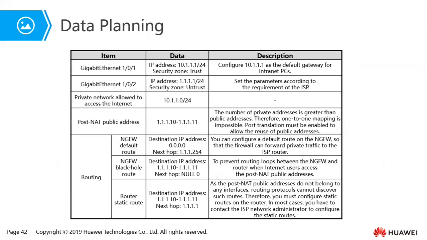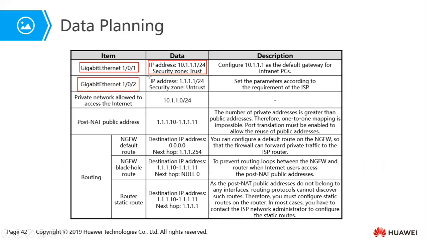So how do we do that? This table simply shows the data planning, how to configure each of the interfaces. This interface 0/0/1 is configured with that IP address and as the trust zone, because it is the one connecting to our intranet.